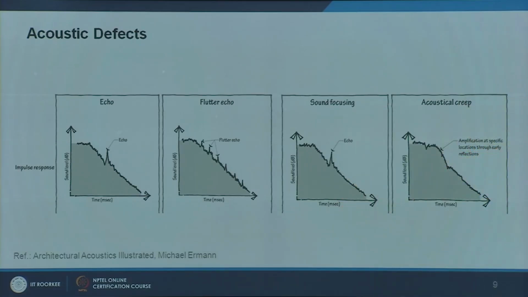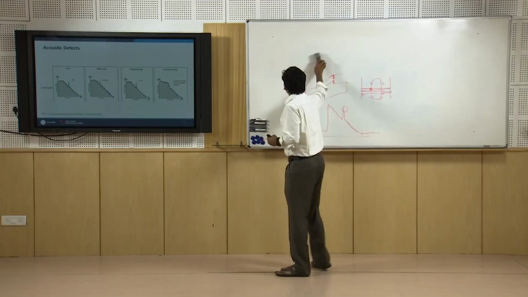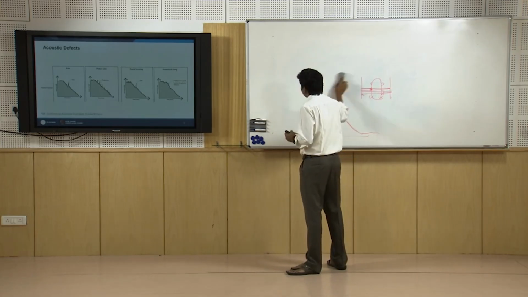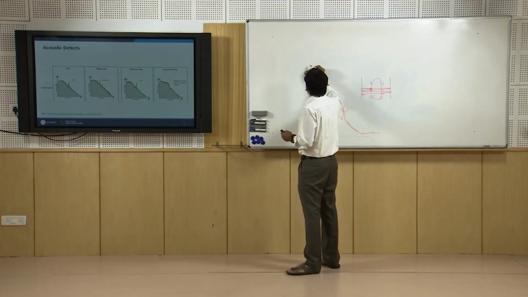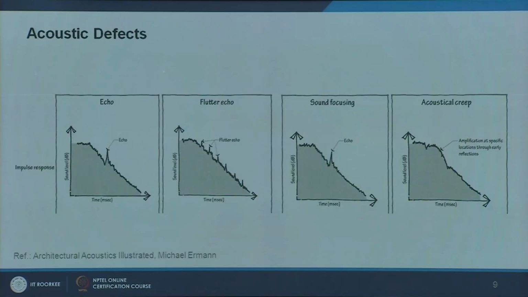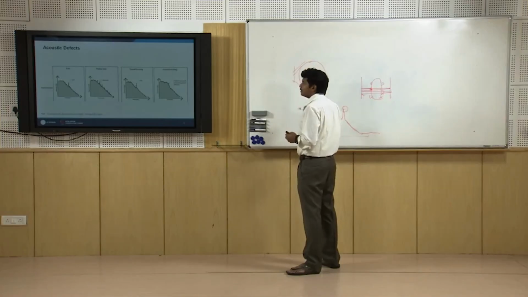The third phenomenon is focusing of sound. Imagine the case of the circular hall we were talking about, a specific circular space with a podium on one side. So what happens in this hall?